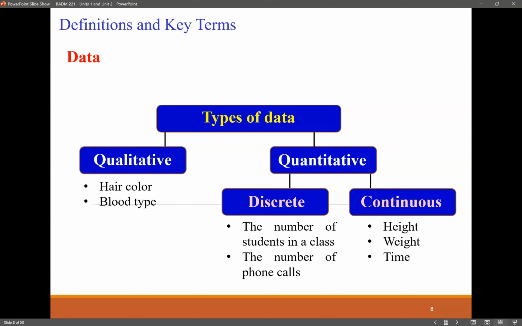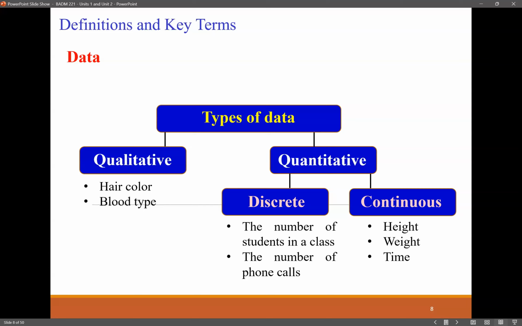For example, number of students in a class, number of phone calls, number of fruits, number of desks in a class, number of employees. Any data which we can count is called discrete quantitative data.